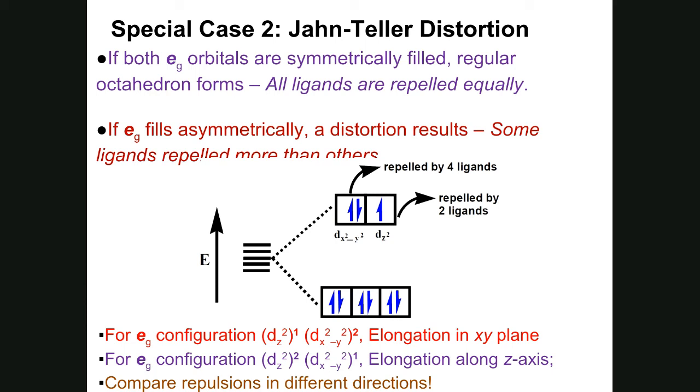So if they are equally occupied, you have a symmetric figure with equal size, if you like. But what happens if the occupation differs in these orbitals that are used to being degenerate, equal in energy?